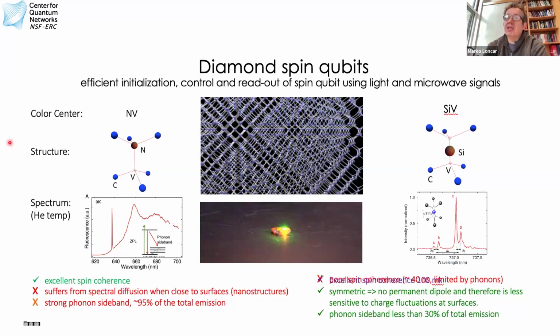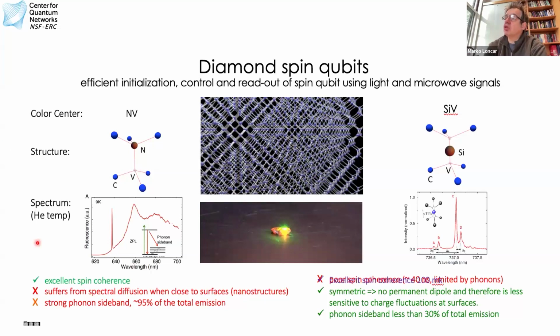In the case of silicon vacancy, it's very sensitive to phonons, so you need to cool it down to millikelvin temperatures to be able to access it, but it's a lot more stable, a lot more robust, even in nanostructures. And so that's why it's being explored as a workhorse of the quantum repeater effort in CQN and also in general in the world.